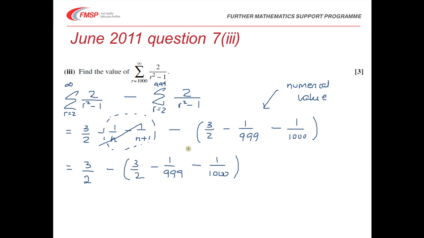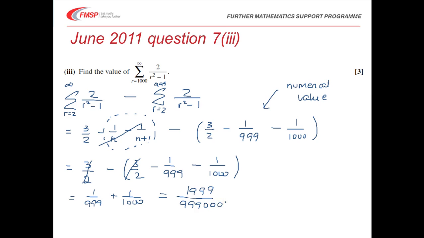And in fact you can see that these will cancel out, and you're left with 1 over 999 plus 1 over 1000, and that turns out to be 1999 over 999,000.